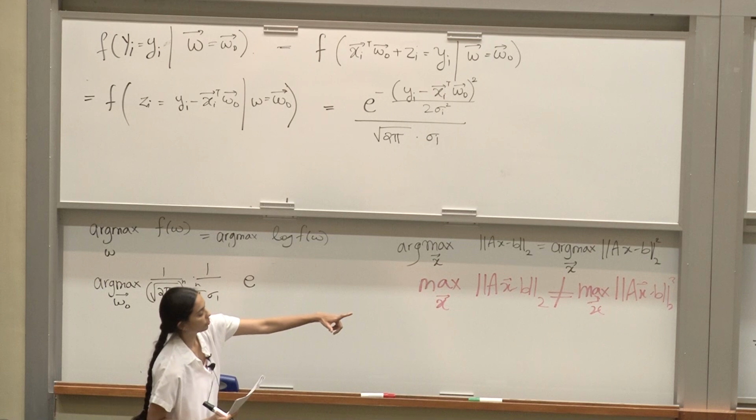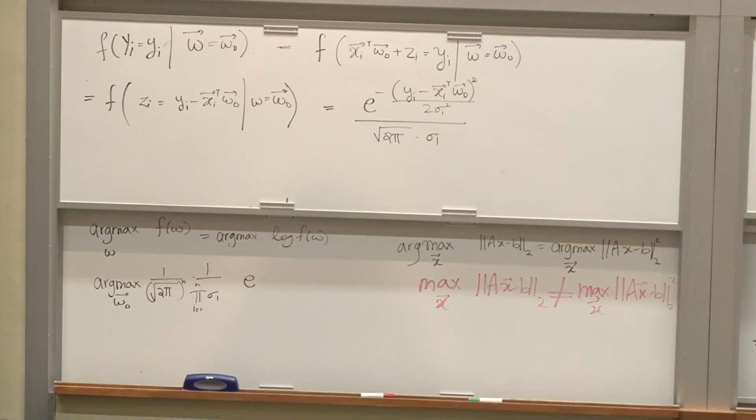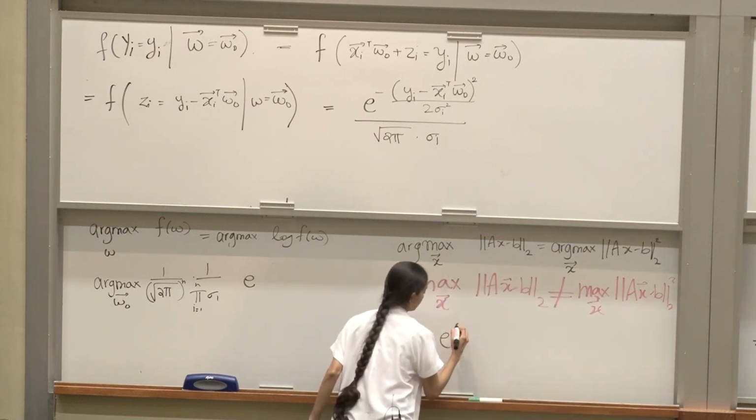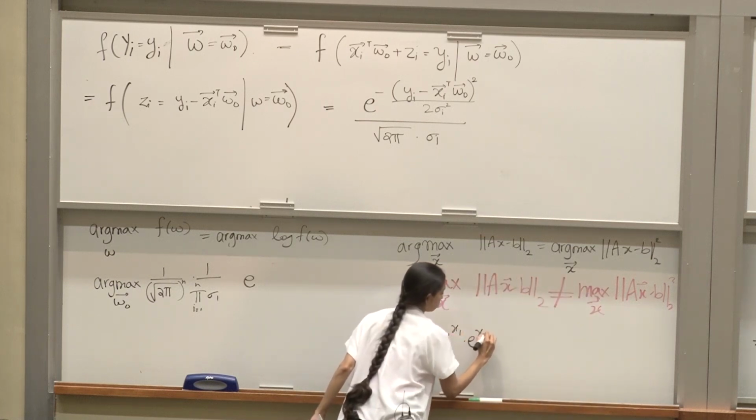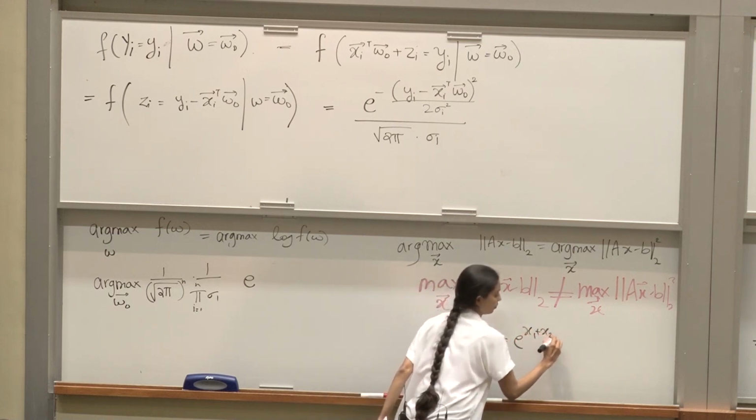Before I take logs, I'm going to do one other step that will make my life easier. I have a product of exponentials. This is e to the x1 times e to the x2. What is this equal to? E to the x1 plus x2, right?